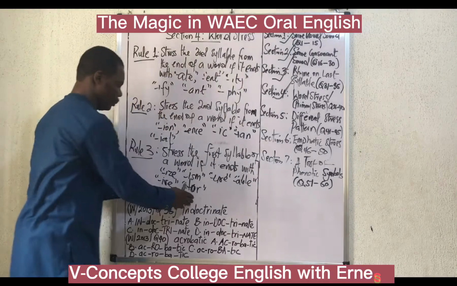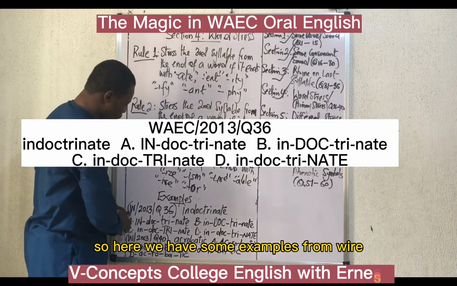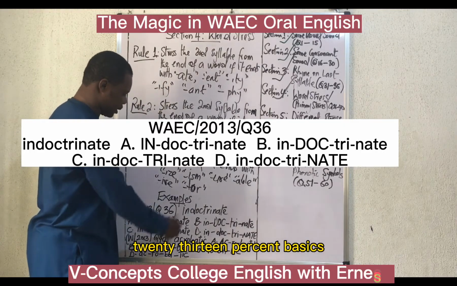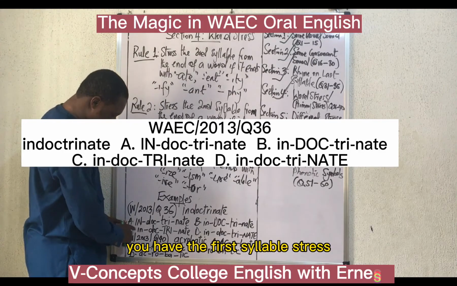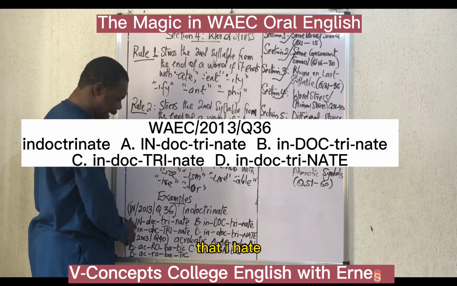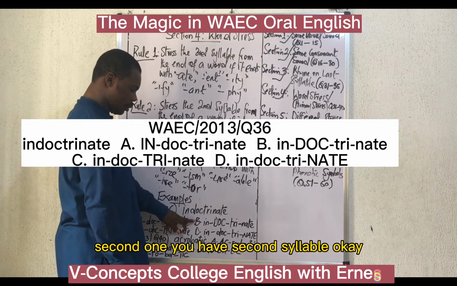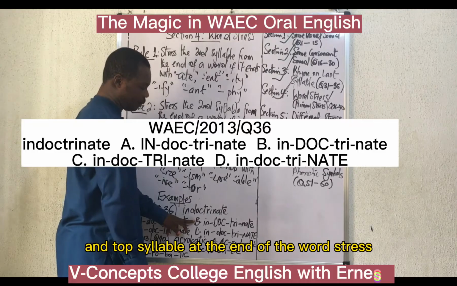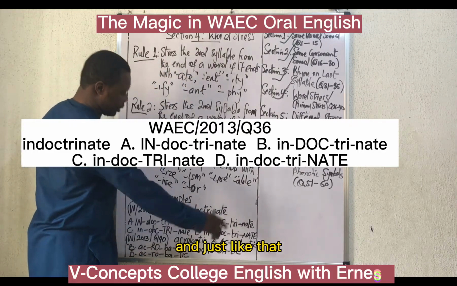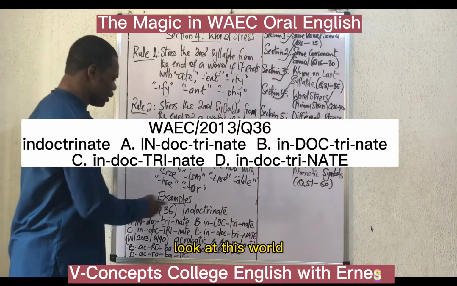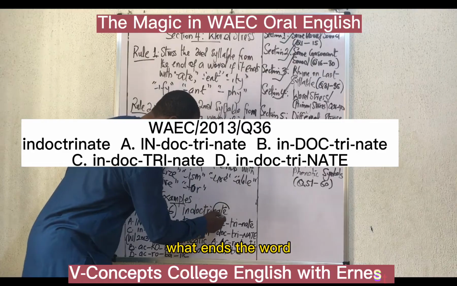So here we have some examples from WAEC 2013 question 36. Indoctrinate. For the first one, you have the first syllable stressed, that's IN. Second one, you have the second syllable stressed, and the third one, the third syllable. If you look at these words, going by our rules, what ends the word?